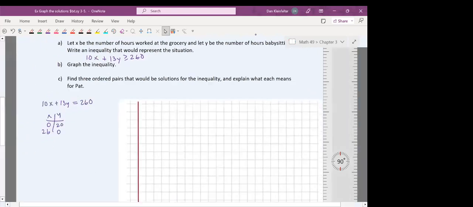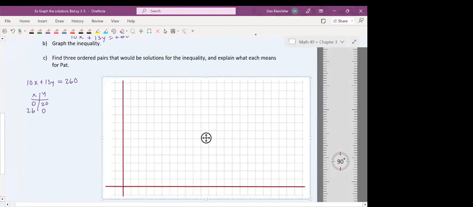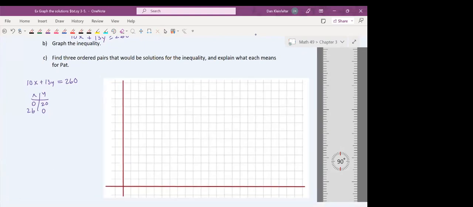Okay. All right. So for this, on the grid here, I'm going to make each mark worth 2. Give me a minute to draw the scale. All right. So vertically, we need to get to 20.